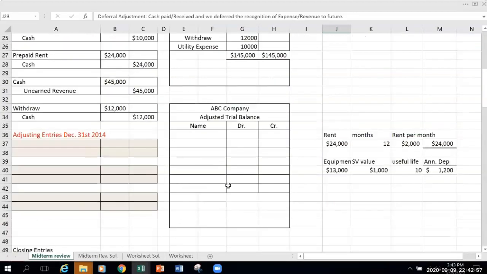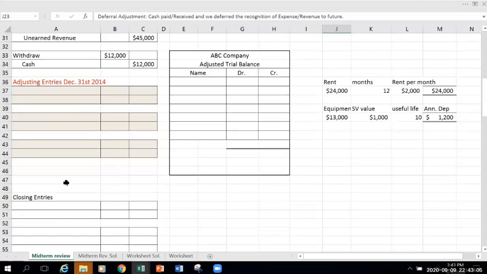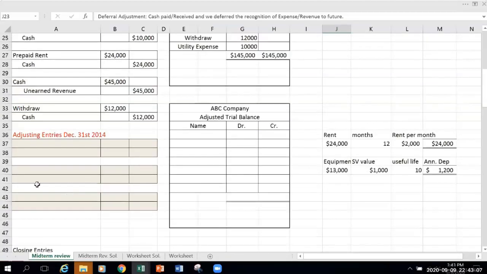You see this adjusted trial balance? I'm not doing it, but bottom line, those numbers are coming after adjustments. But let's do adjustments for now. What is the first adjustment that has been suggested in the worksheet? Let's look at the worksheet.